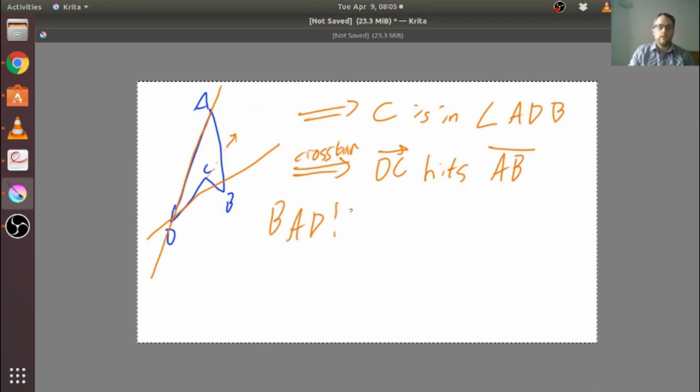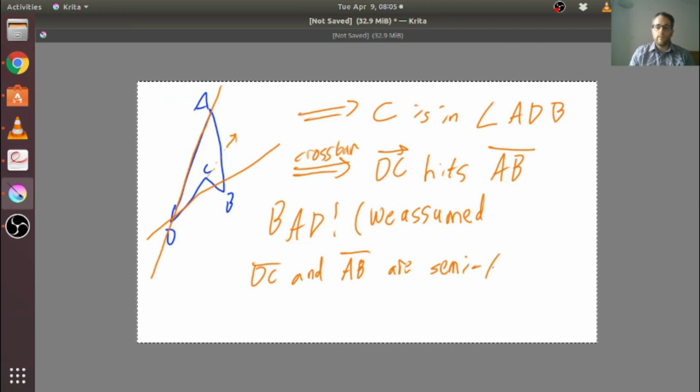Bad. Actually bad, not anything with an angle. This is bad because we assumed that DC and AB are semi-parallel, right?